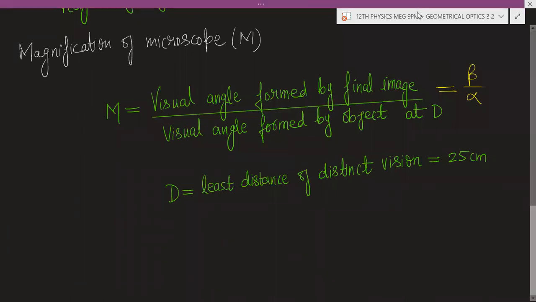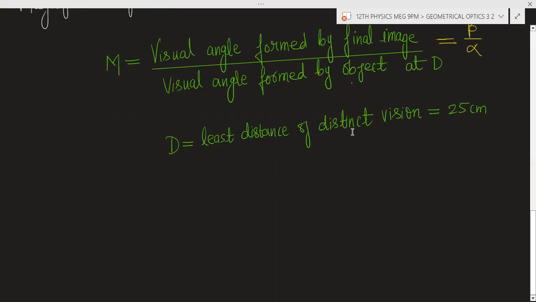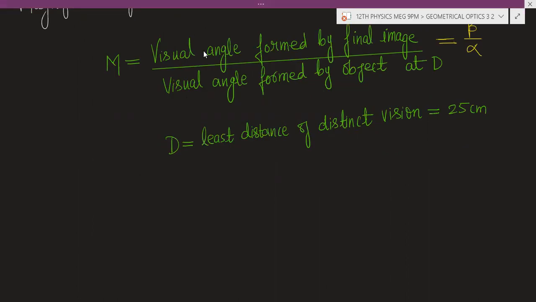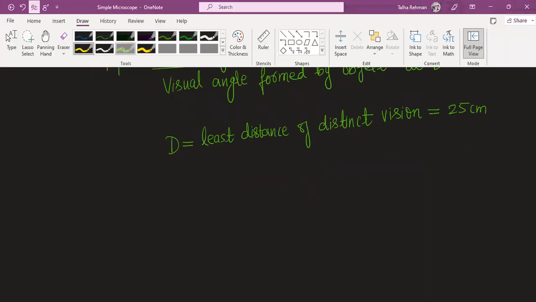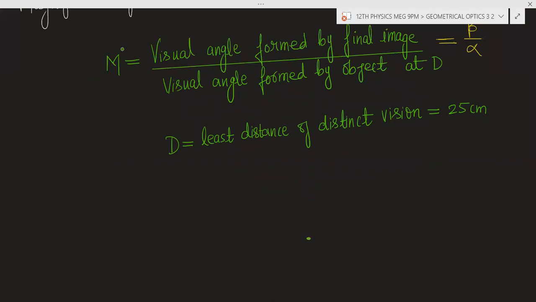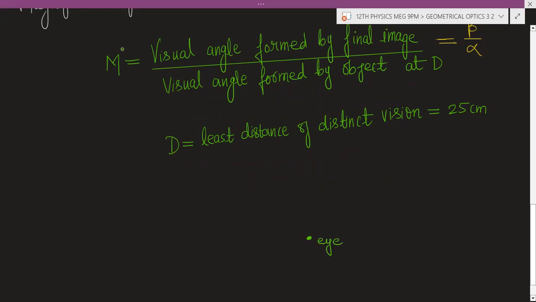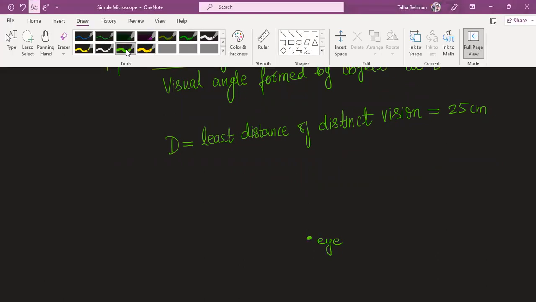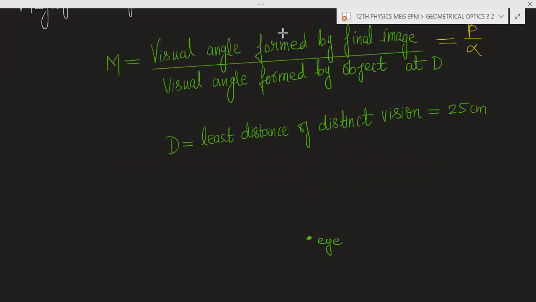Now what is alpha? How we will calculate alpha? For calculating alpha, suppose this is your eye, at this point the eye is there and the object is here.